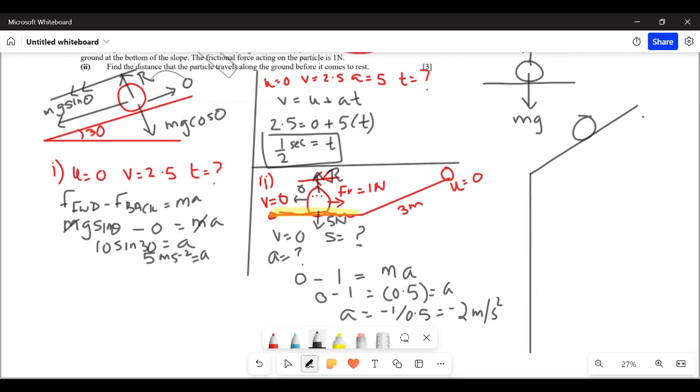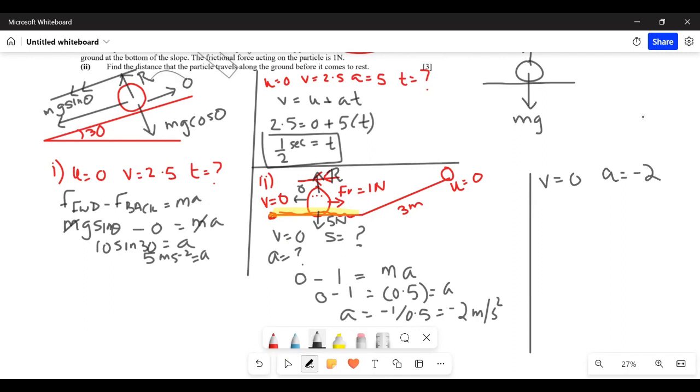So now we know that V is 0 and we know that A on the horizontal rough path is minus 2. And we need to find S. Still we're 1 parameter short. We either need the time it takes to move on the horizontal path from here to here, or we need the U, the speed at this starting point.